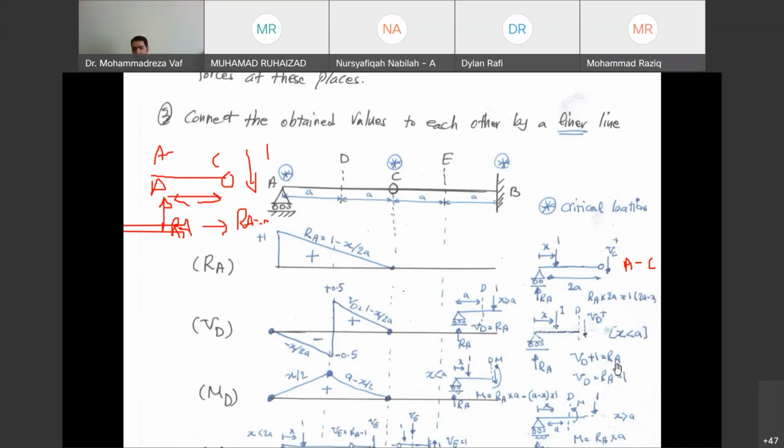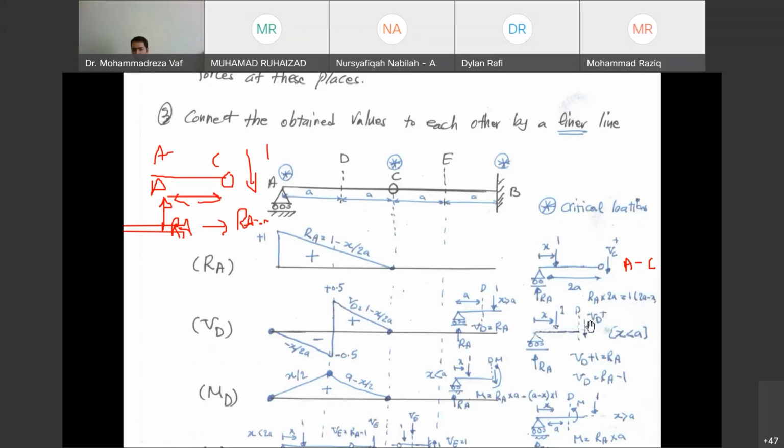When the load is before point D, this is going to be the free body diagram. The load can be in any place between 0, the beginning of the bridge, and point D. So I assume it to be a distance of x. I'm interested to know how much VD, the shear force at point D, is when the load is moving.